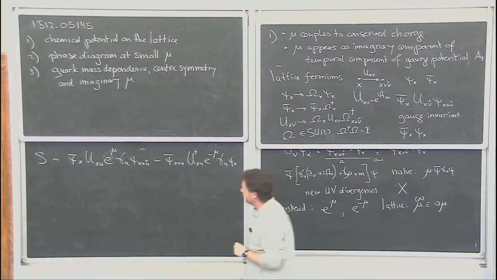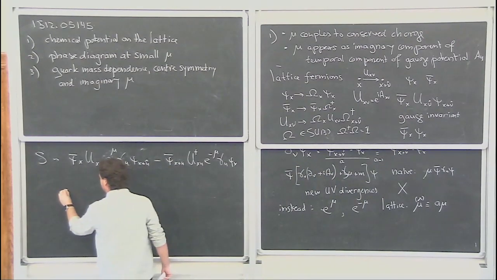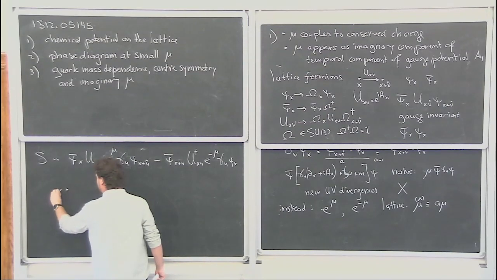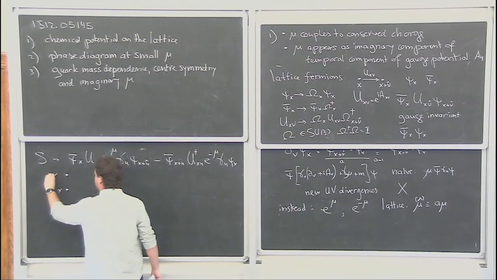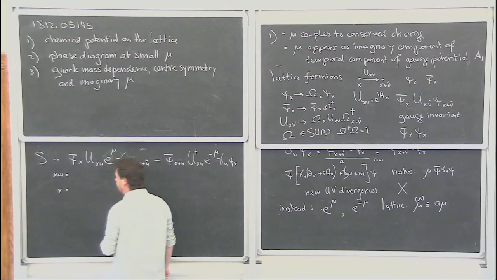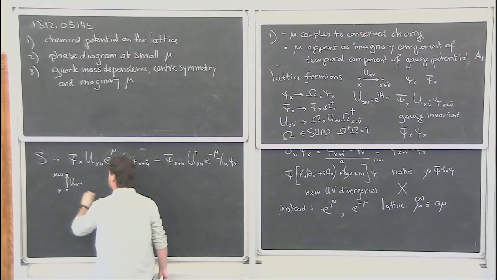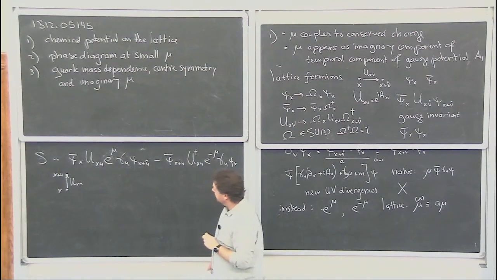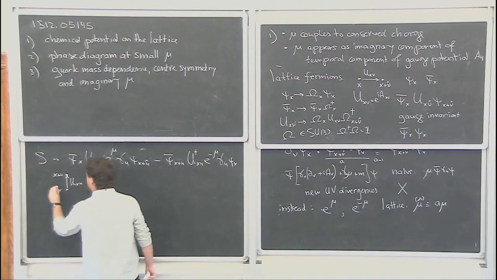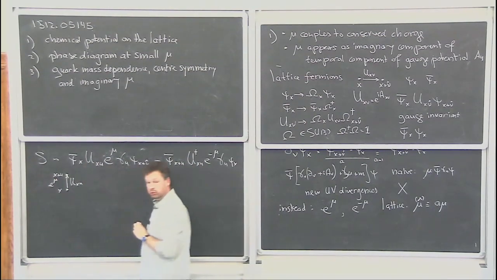So these are two of these links in the time direction. Let me point it upward to represent time. This is x, and this is x shifted by one lattice spacing in the time direction. There's a link in between to make it gauge invariant. And then the chemical potential is multiplied in as well, so there's an e to the mu here.